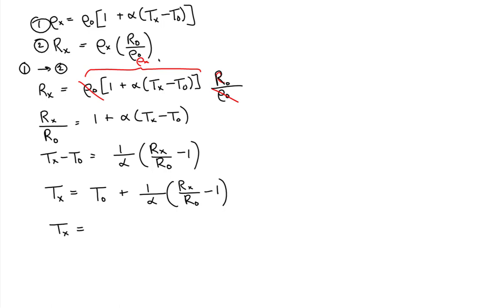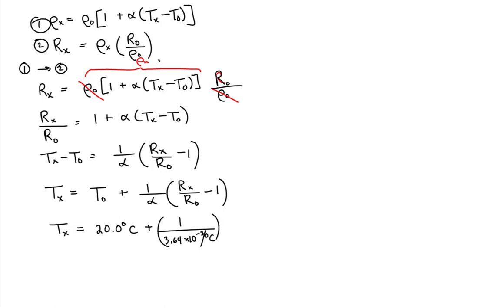So the temperature in our furnace is equal to our reference temperature, which is 20 degrees Celsius, plus 1 over the temperature coefficient of resistivity, which is 3.64 times 10 to the minus 3 degrees Celsius. Oh, and I'm noticing I have a mistake in the problem statement. This shouldn't be degrees Celsius. This should be per degree Celsius. Okay, so we have that per degree Celsius now.